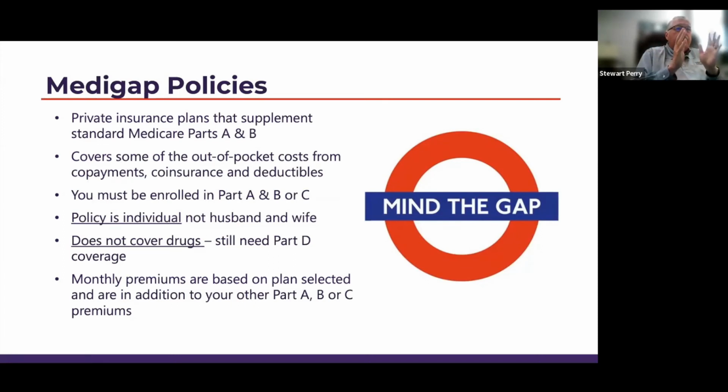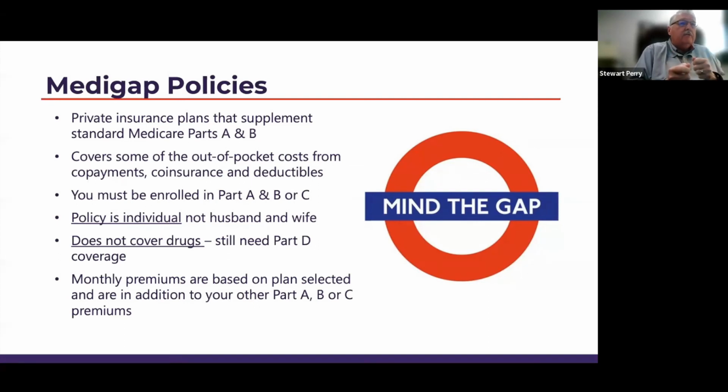Medigap is very simple. There are letters for that from A to G to J. The higher the letter you get, the more it covers, the more it costs. Medigap policies are to cover the gaps in Medicare to put you back to where you're not out of pocket. You've got to look hard, you've got to look fast, and you've got to do the math on these just like you do on private health insurance or your group insurance, because they are individual.